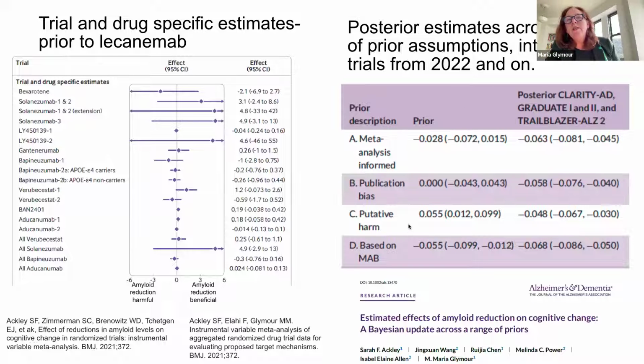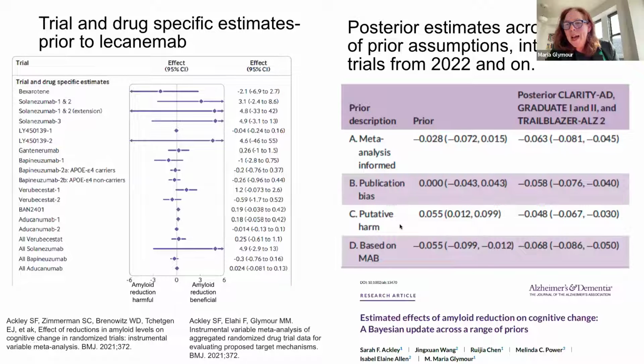So Sarah then did a Bayesian-informed meta-analysis updated with these new trial results. She did this in a really nice way where she said, suppose you started with a prior from my meta-analysis. Suppose you started with a prior that said the meta-analysis was nonsense, there was all publication bias, there's nothing, and you had the same width as our meta-analysis did, the same uncertainty bounds.